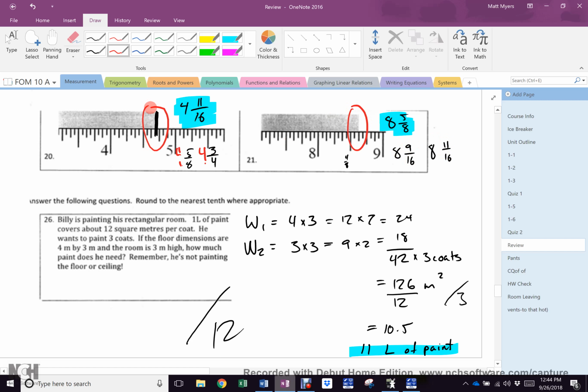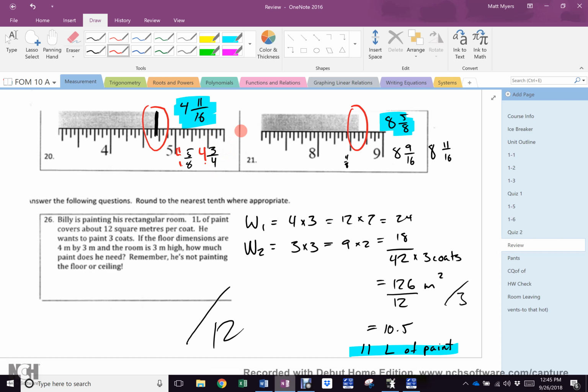The right answers are highlighted in blue, but I will accept anything between 5/8 and 3/4. I have 4 and 6/8? Yeah. That's 3/4. Okay. But you would never say 6/8 because that's not in simplest terms.